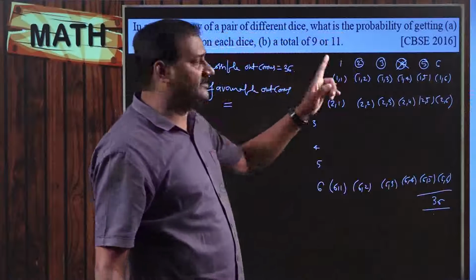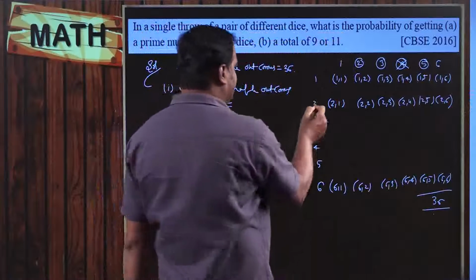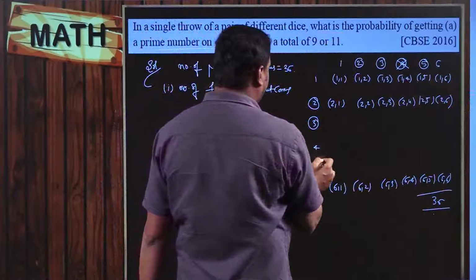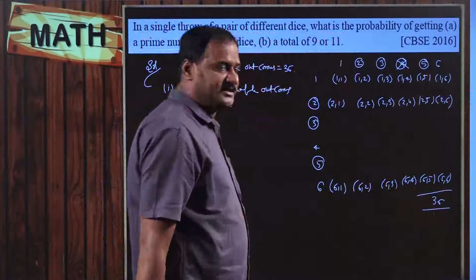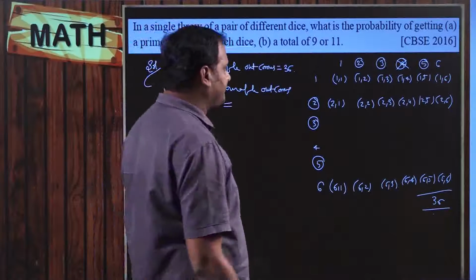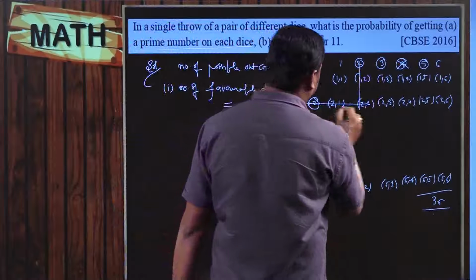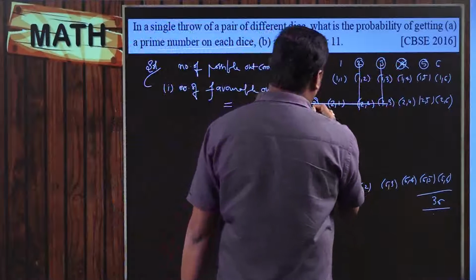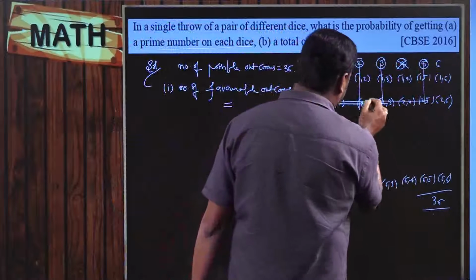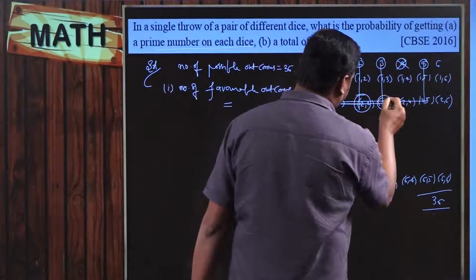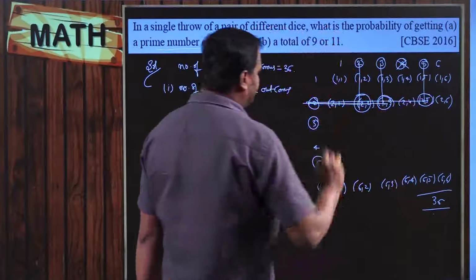So 2, 3, 5 are primes, and here also 2, 3, 5 are primes. So 2 comma 2 is a prime, 2 comma 3 is a prime, and 2 comma 5 is a prime.